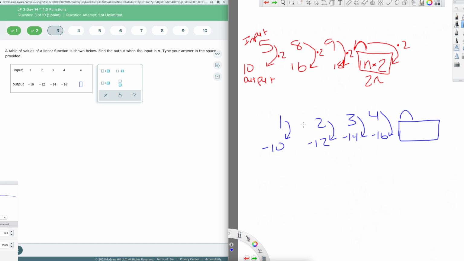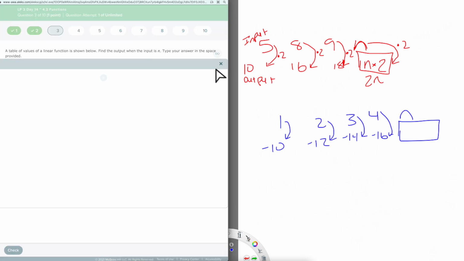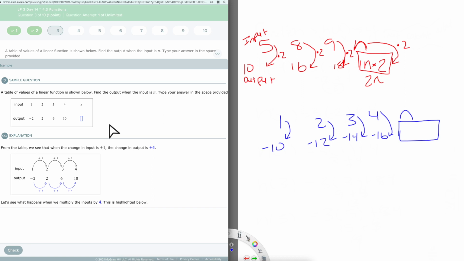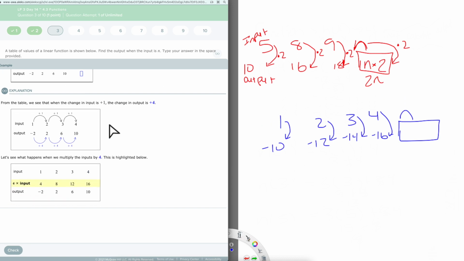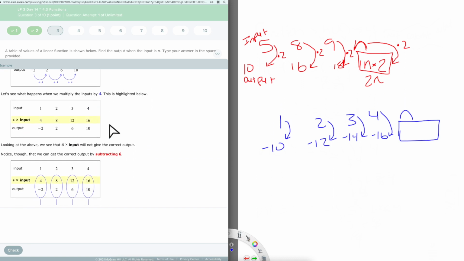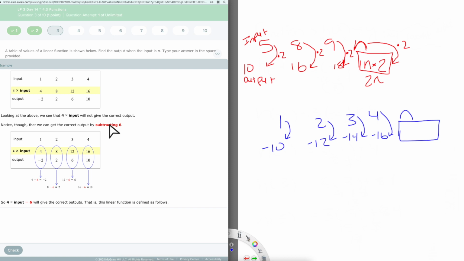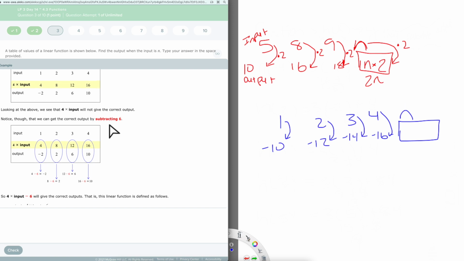So I think what we're going to need to do, if I click on this too, I bet you this is going to be more than one step. It's not going to just be addition or subtraction. Let's see.